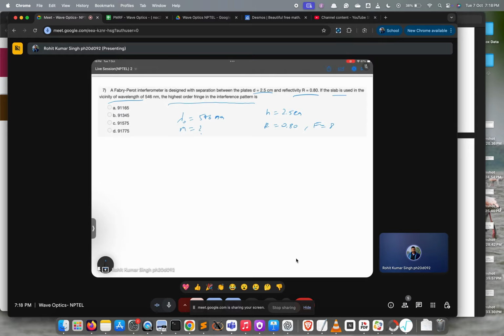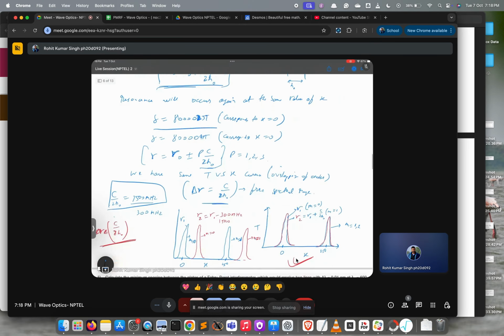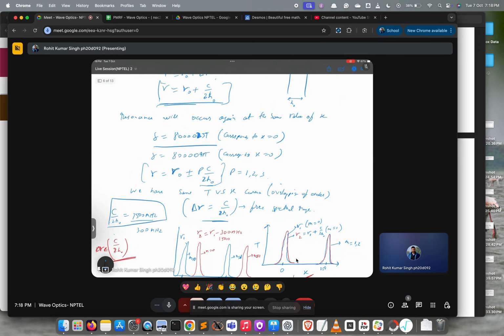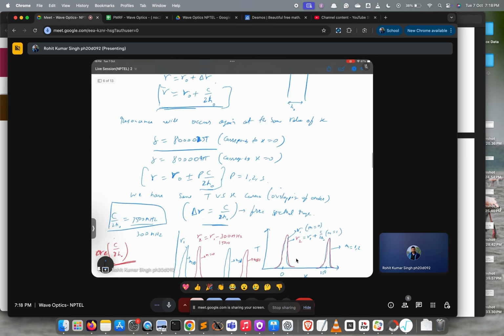So how to calculate it? M is equal to nu m into 2h by c.